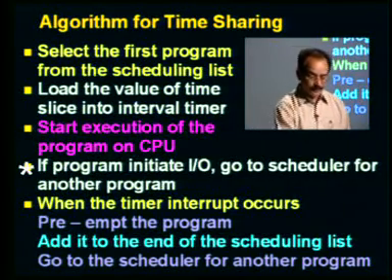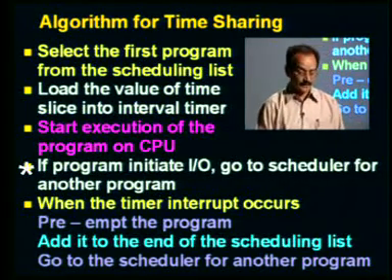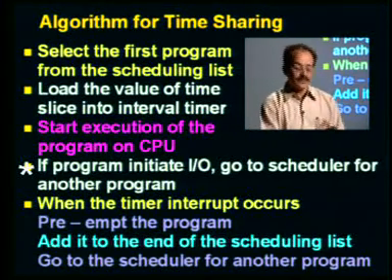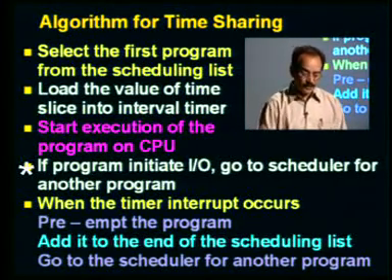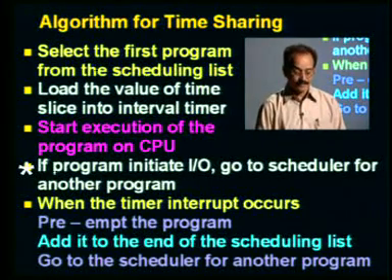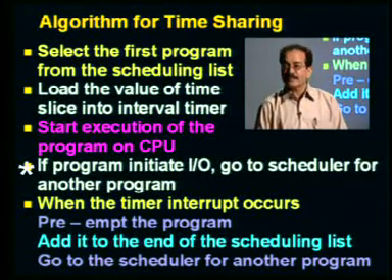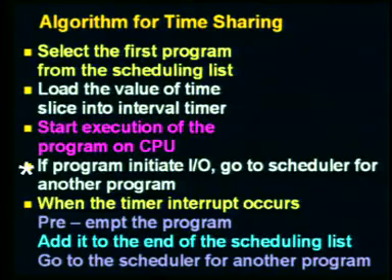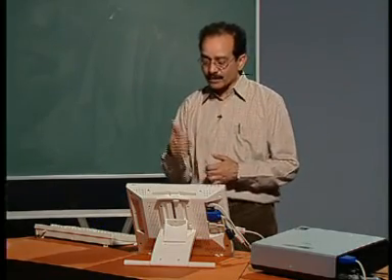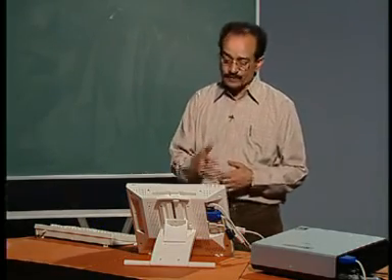Now, if the program initiates IO, let us say I have allocated some time slice to this particular process, but in between it initiates some sort of IO. What we do is we will not wait for it to complete its IO, but we call the scheduler and ask for another job.